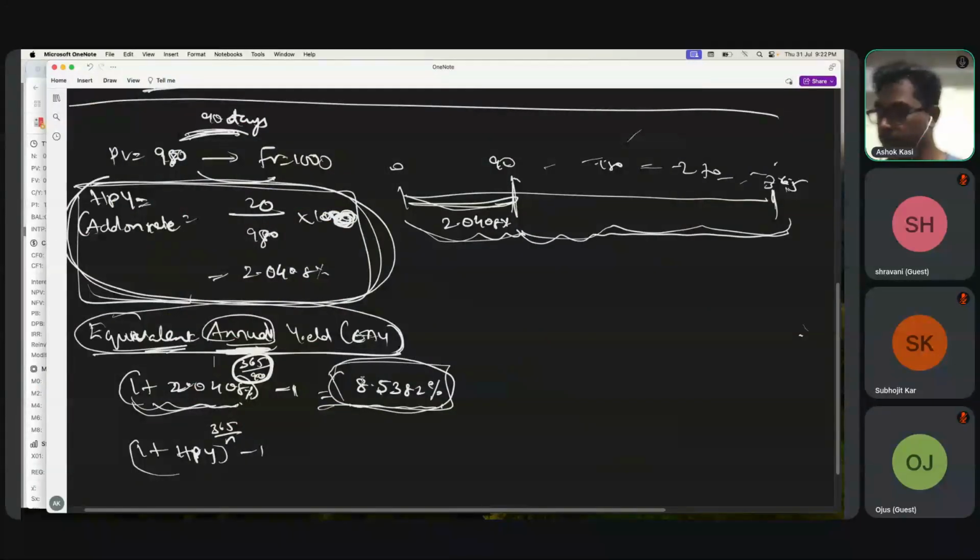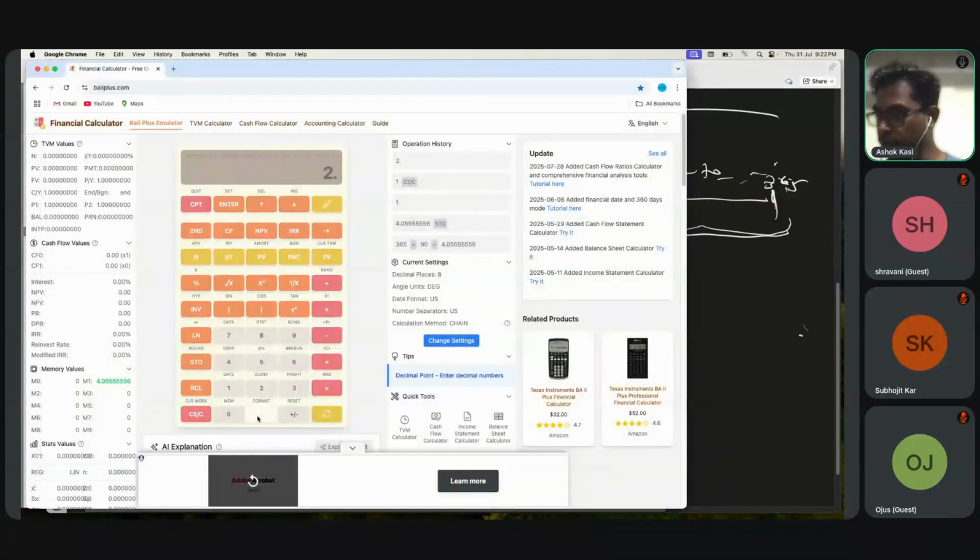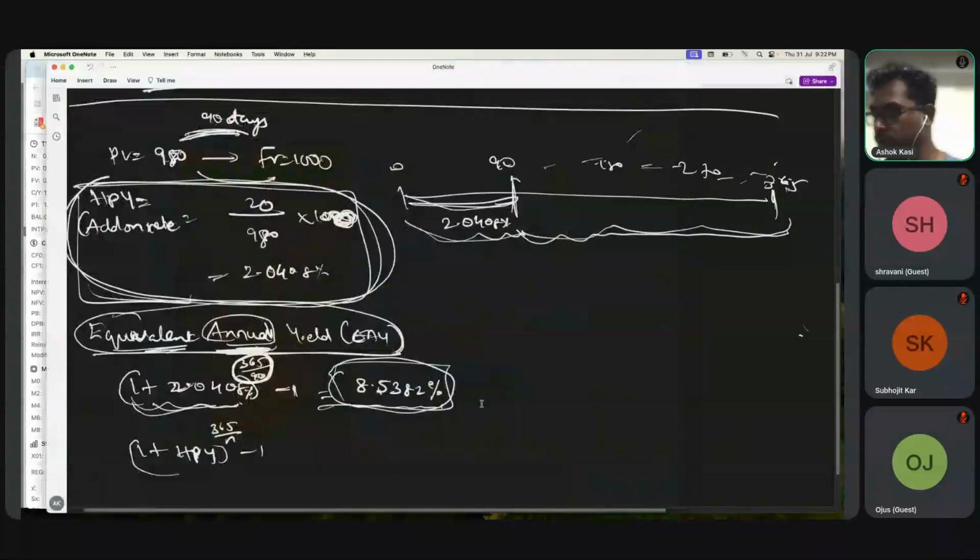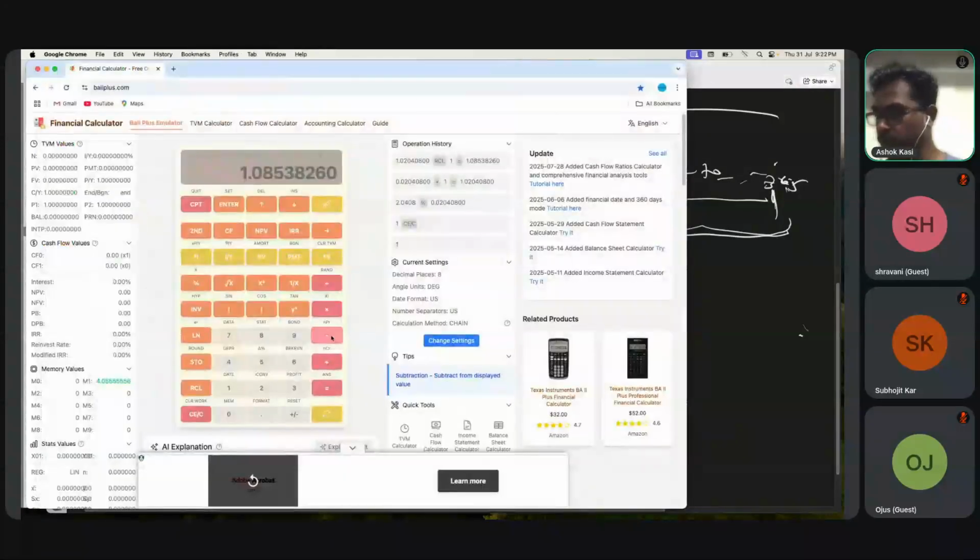Then this one, 2.0408 percentage plus 1, equal to. So this is the number raised to, recall, equal to, minus 1 I will do now.